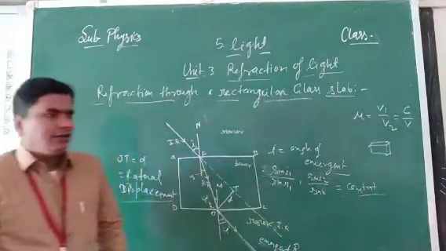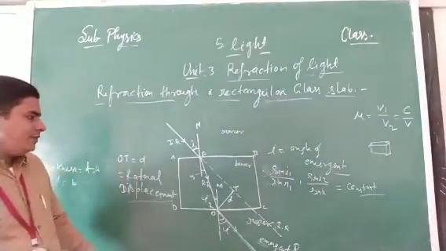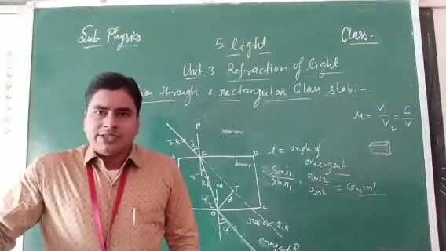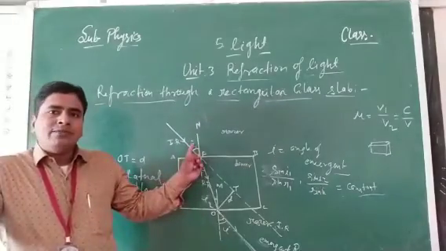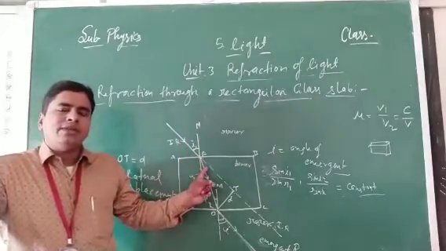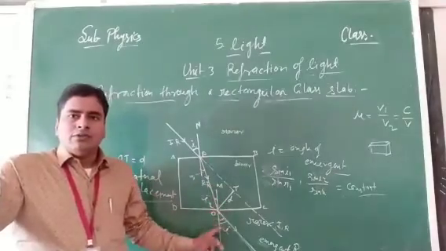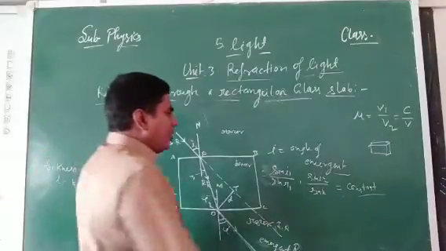Okay? Clear? According to Snell's law, the ratio of the sine of the angle in the incident medium to the sine of the angle in the refracting medium is always constant. Same as here also. You can follow this rule. It's always constant. Clear?